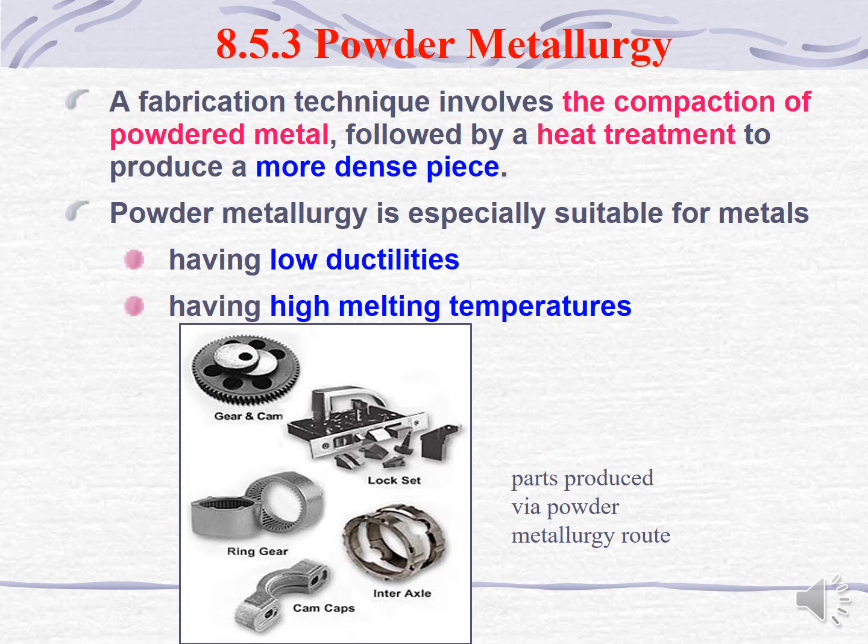Now we move to powder metallurgy. Powder metallurgy is a process involving the compaction of powdered metal, followed by a heat treatment process to produce a dense piece of product.